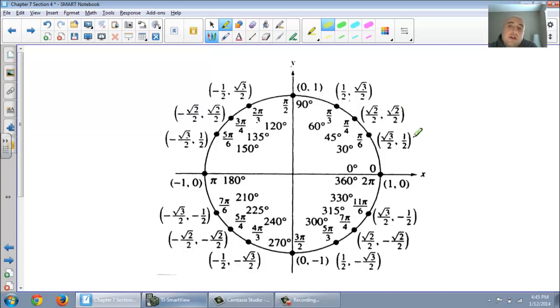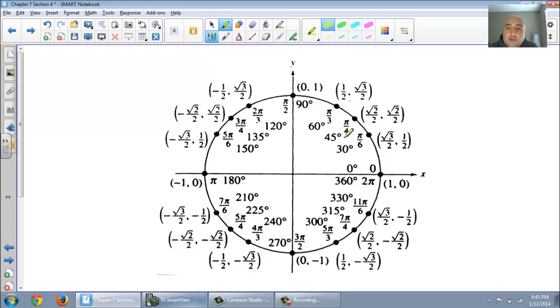All right, and notice now, if we look at the actual unit circle, we have 30, 45, 60. Each quadrant is broken into 30, 45, and 60 degree reference angles. 120 is 60 degrees away from 180. 135 is 45 degrees away from 180. 150 is 30 away from 180. So there are my 30, 45, 60 angles in the second quadrant. 210 is 30 away. 225 is 45 away. 240 is my 60.